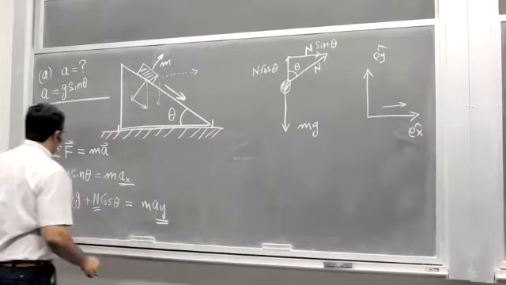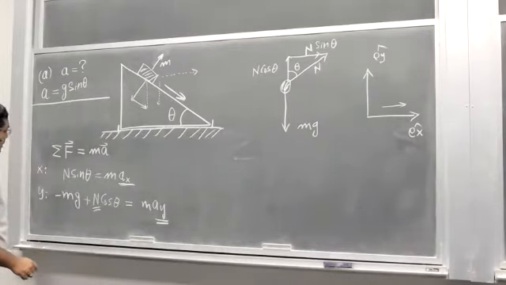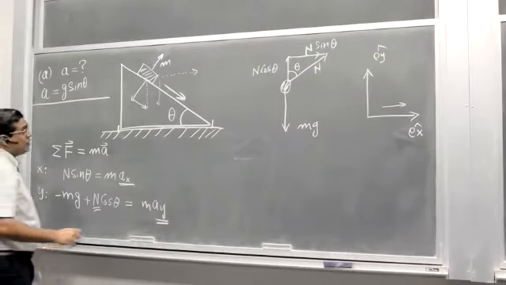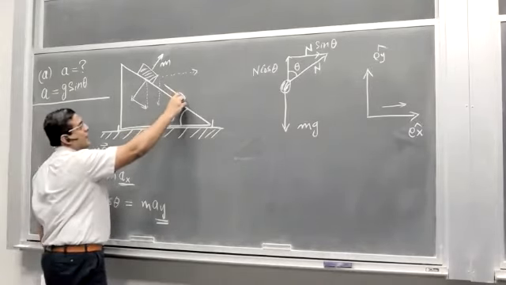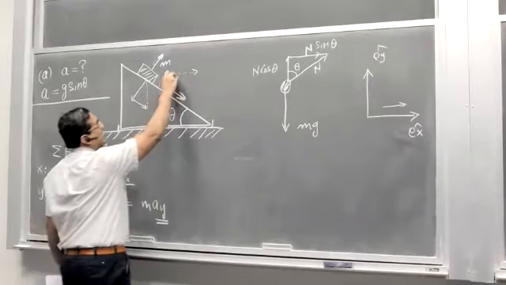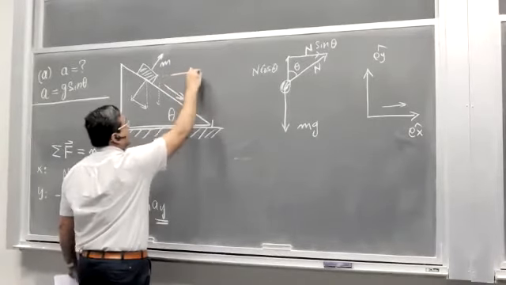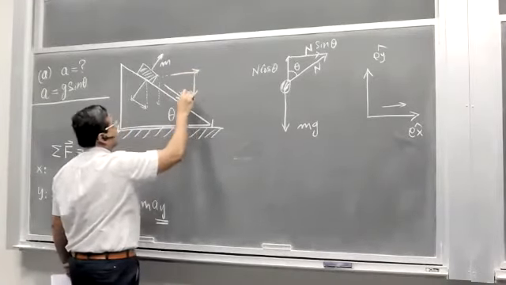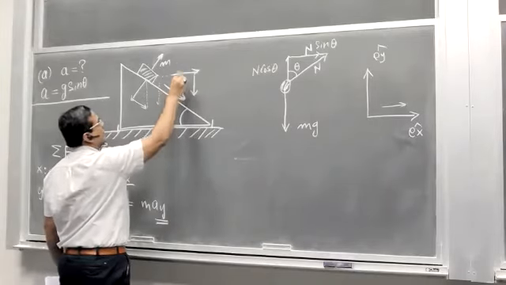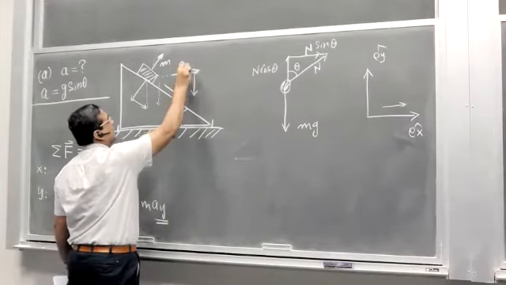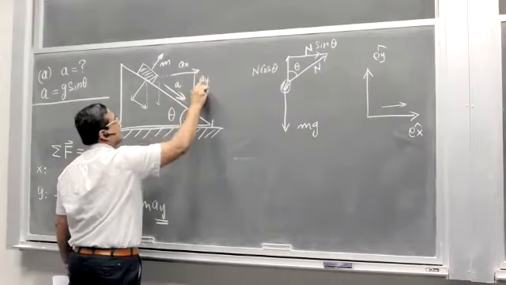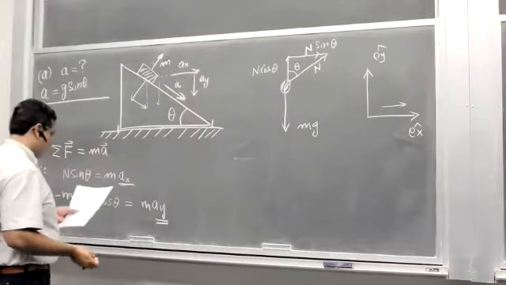Well, what we can do is, if the acceleration is in this direction, then you can write the components of acceleration. So let's say this is the total acceleration, this is AX, and this is AY.